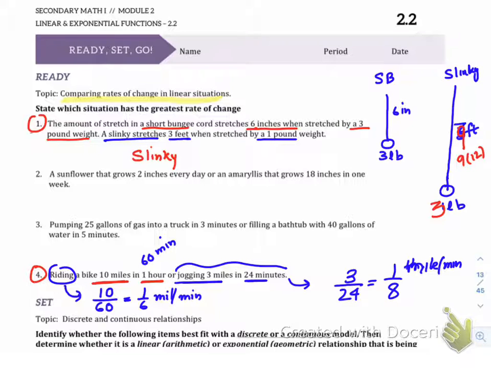This is for jogging, and here it is the bike riding. Is 1/6 greater or 1/8? 1/6 is greater. So which one has the greatest rate of change? We can simply say riding a bike is the answer for this one.